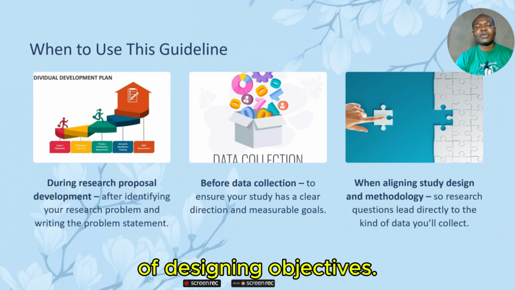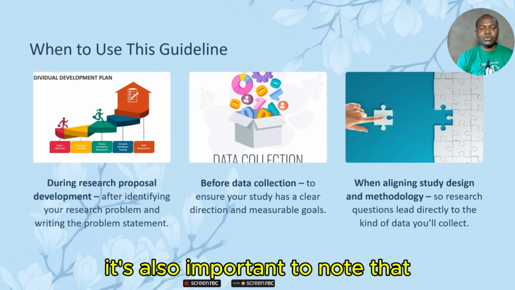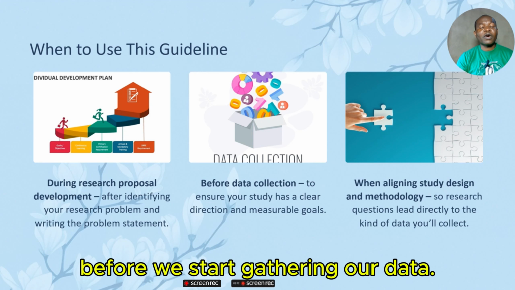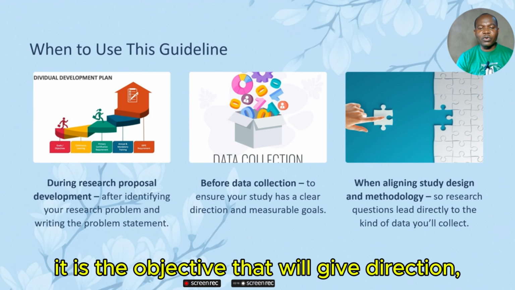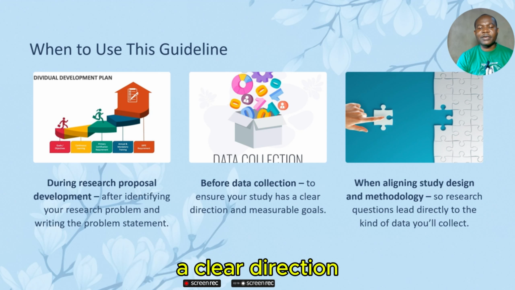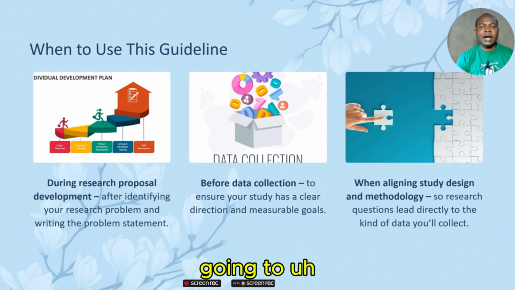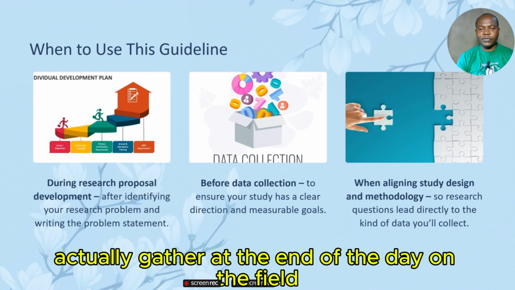Now, it's also important to note that research objectives are crafted before we start gathering our data. It is the objective that will give a clear direction to the kind of data we are actually going to gather at the end of the day on the field.